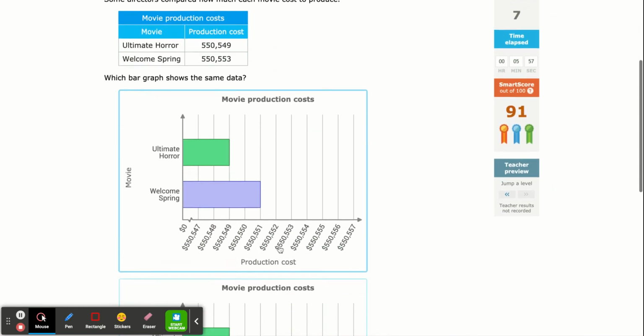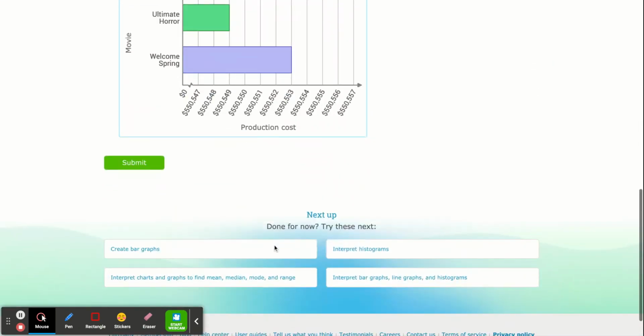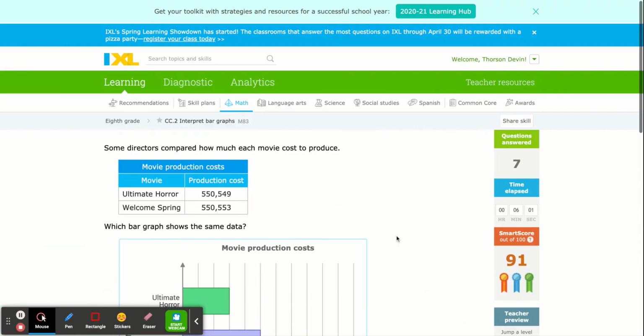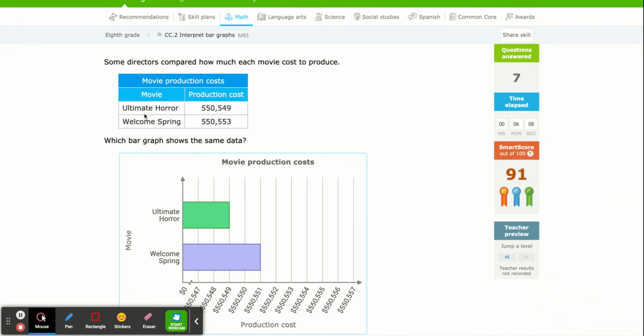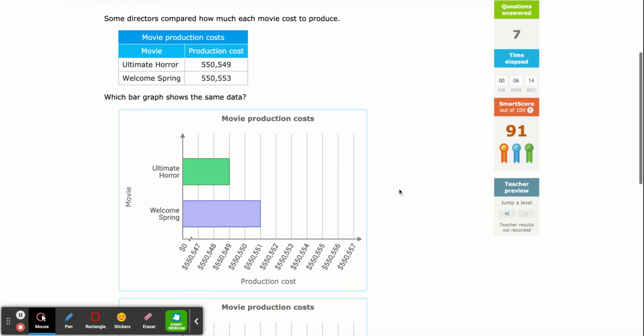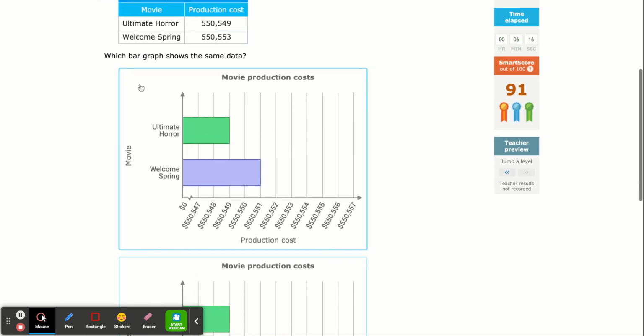If you do end up having any questions, oh, look, we got multiple graphs on this one. So let's look at this one. Some directors compared how much each movie cost to produce. Ultimate Horror was $550,549, where Welcome Spring was $550,553. Which bar graph shows the same data?